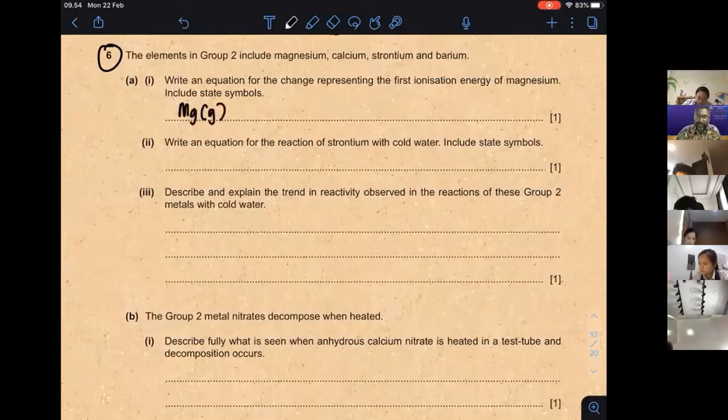This is very important. So it will give you Mg plus, also in gas, plus electron. Even if they don't say include state symbols, if you do not write the gas, you will not get the 1 mark.